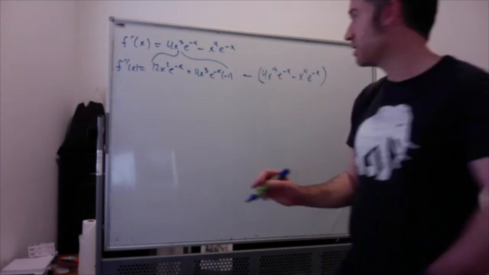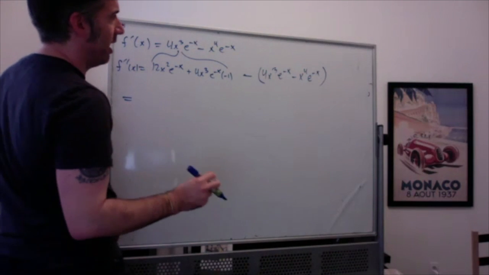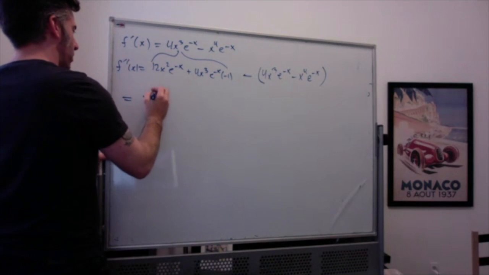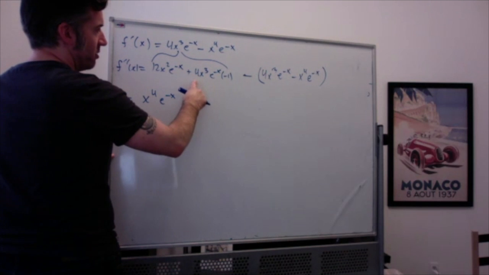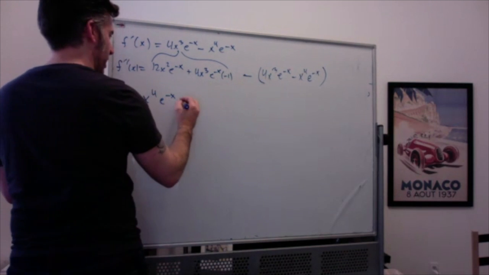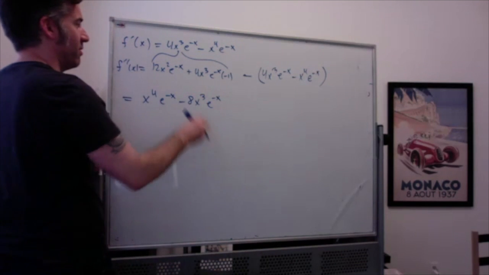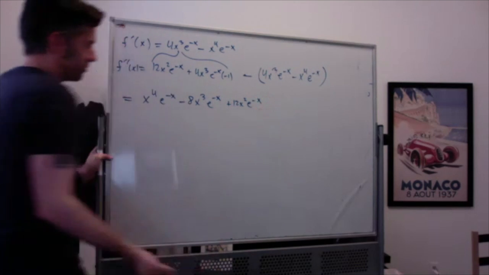That's easy. Now let's put it all together, writing the highest powers first. Positive x to the fourth e to the negative x. A negative 4x cubed and a negative 4x cubed makes a negative 8x cubed e to the negative x. And finally, a plus 12x squared e to the negative x.